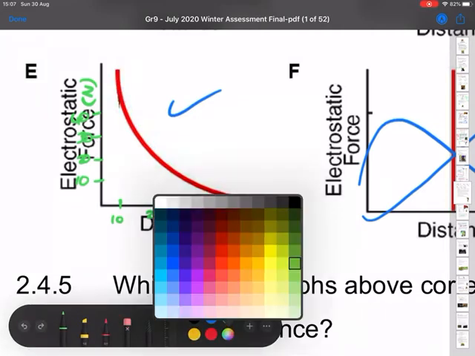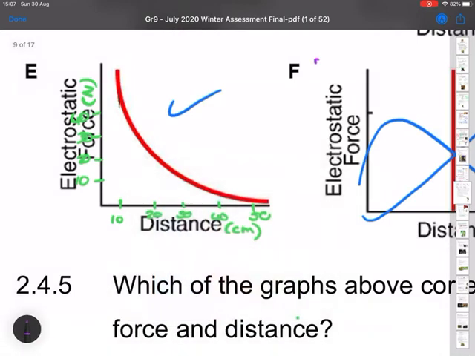Let's pick. Okay, so at 50 centimeters, we've got 5 newtons, for example, of electrostatic force. If I go to 30 centimeters, I've now got 10 newtons of electrostatic force. So the distance has gone from 50 to 30, so my distance decreased.